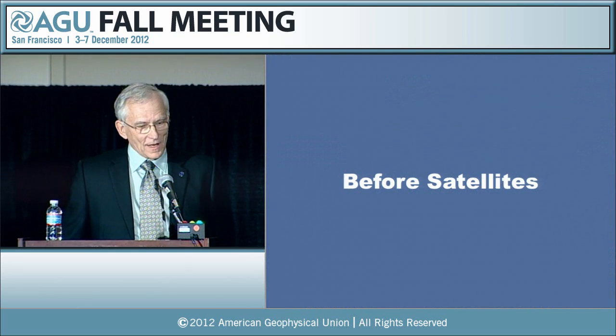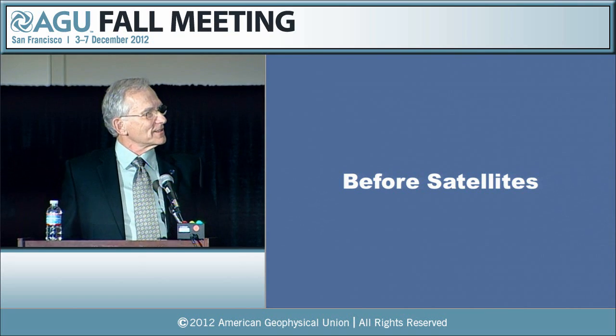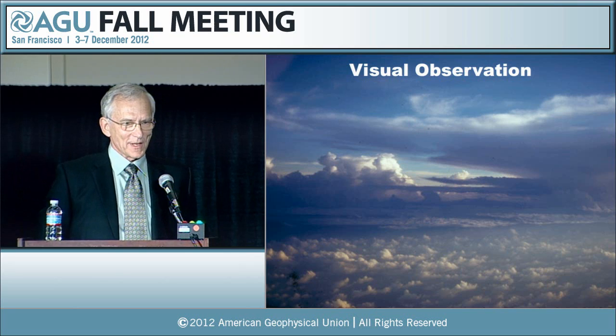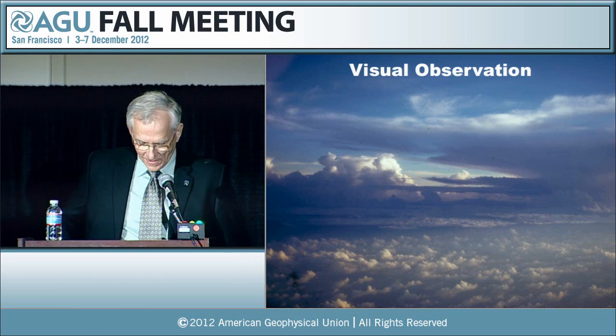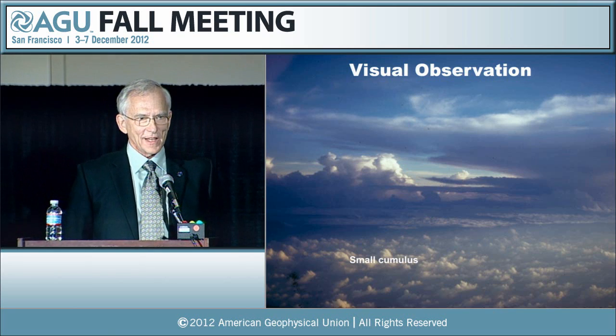We start before satellites, long before satellites. Since the beginning of time, really, people have been able to look at clouds with their own eyes. And in the 19th century, people started to give these clouds names.